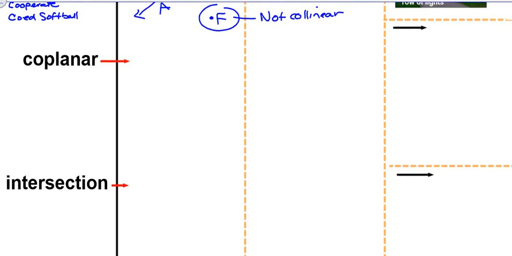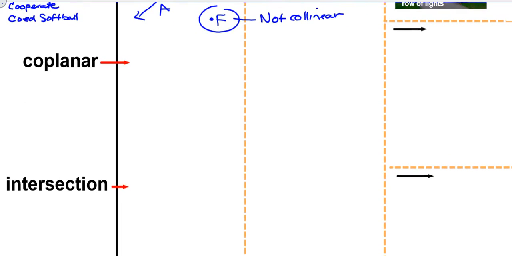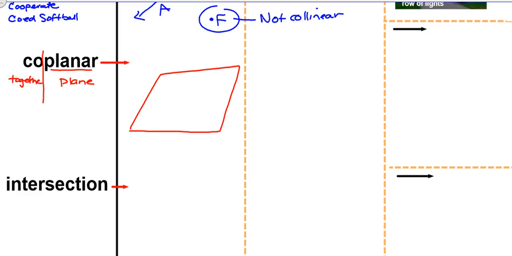Then we have 2 terms left, coplanar. Again, the prefix co, together, and on a plane. So what are we going to put? We're going to put stuff on a plane. Most of the time we talk about points. So we have points A, B, C, and D that are all together on that plane.